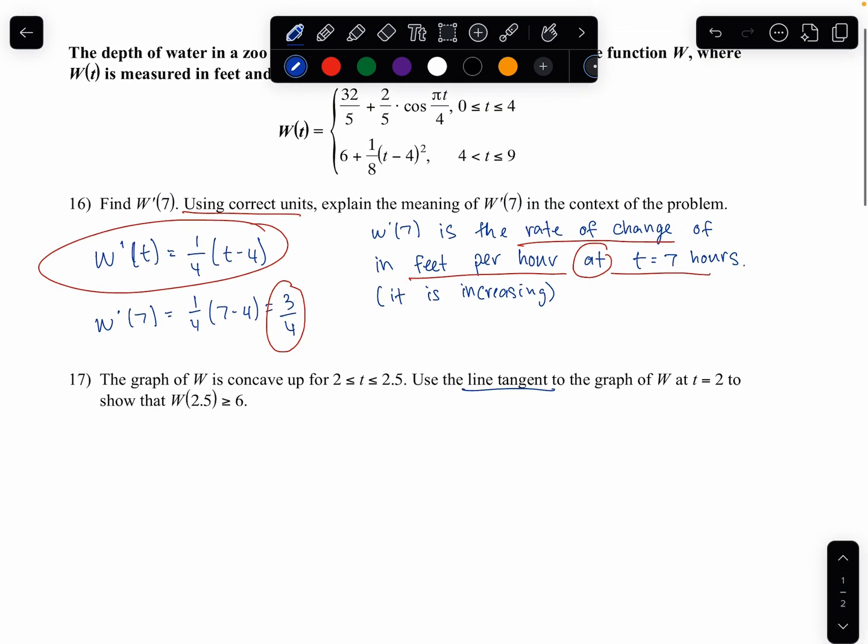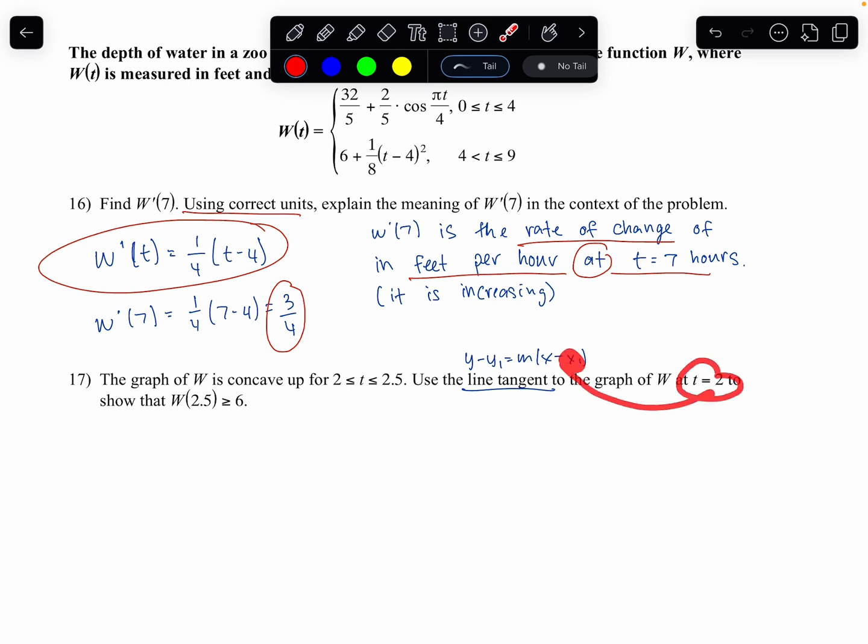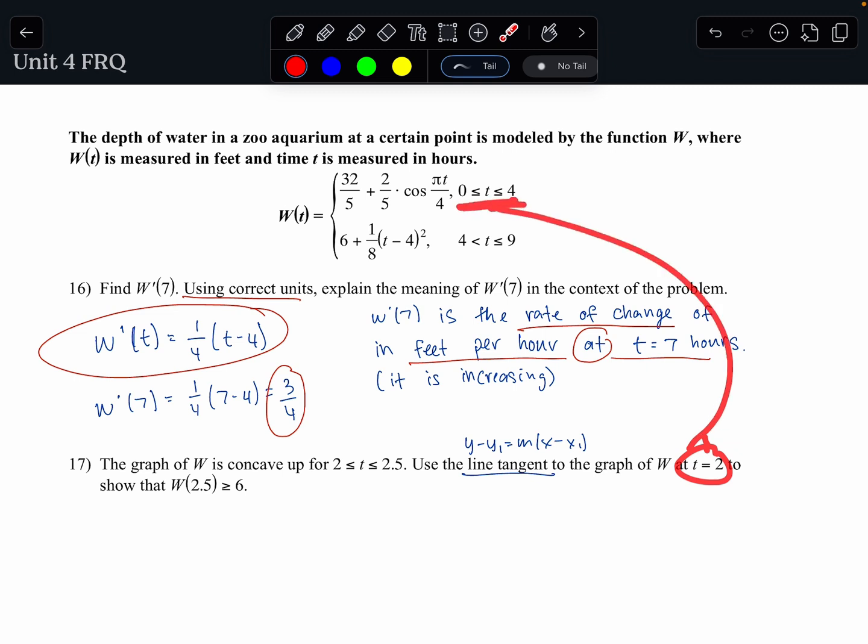So if I need a tangent line, y minus y1 equals m times x minus x1, and we're going to do it at t equals 2, so that's what x1 is. To find y1, we need to plug 2 into the function, into this part of its domain.